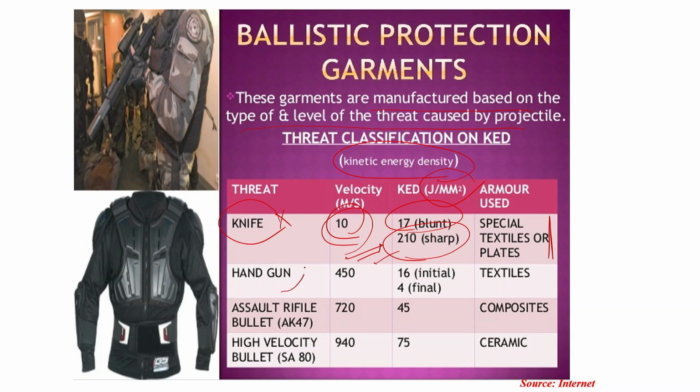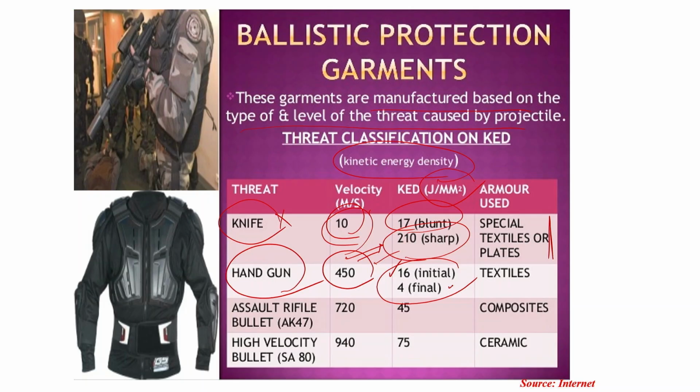Now, handgun. If we see, the velocity is very high, 45 times higher than the knife, but the kinetic energy density is very low, like 16 initially and finally it becomes 4.